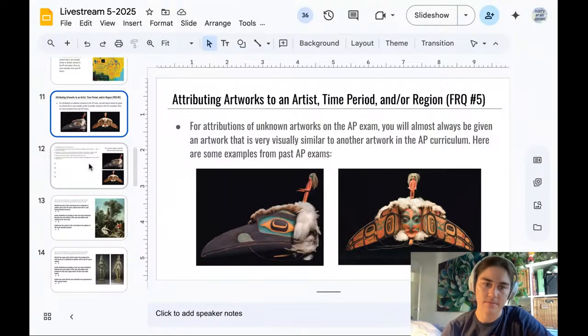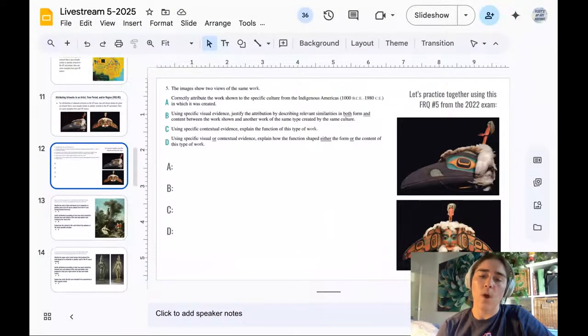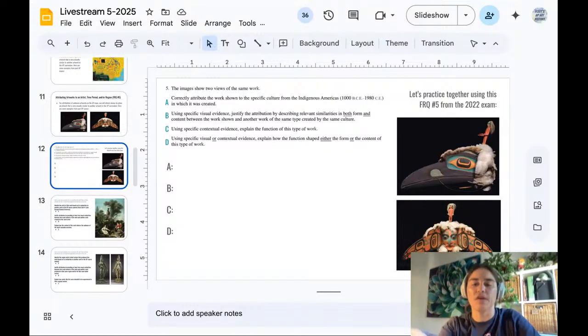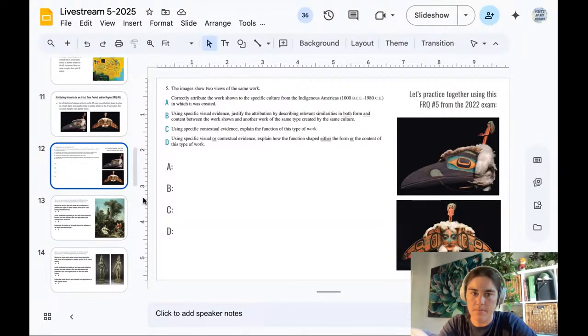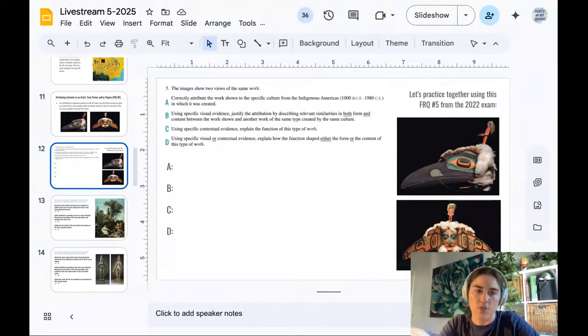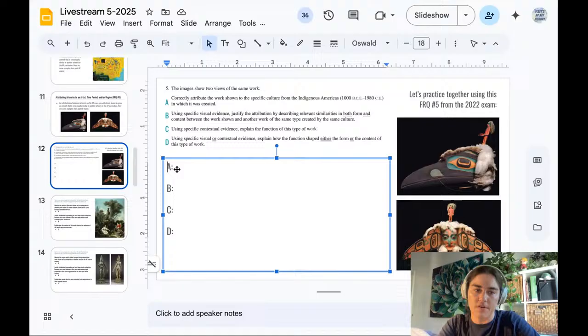All right. So I wanted to go through a specific example with y'all. This is FRQ number 5 from the 2022 AP exam. Question A says correctly attribute the work shown to the specific culture from the indigenous Americas in which it was created. So we already established that that was the Quackydoodle, or Quack Waka Waka.